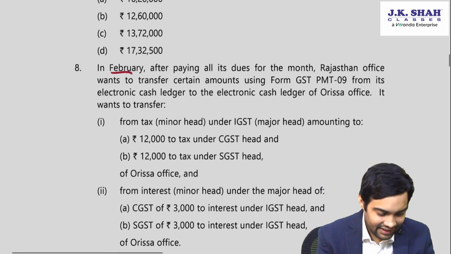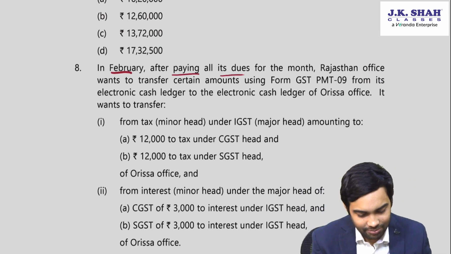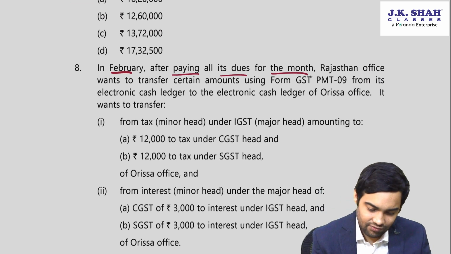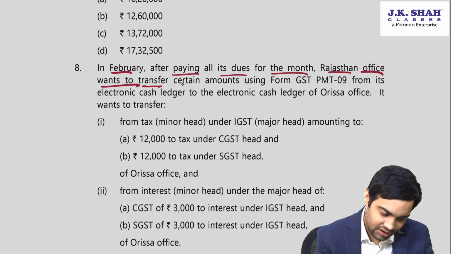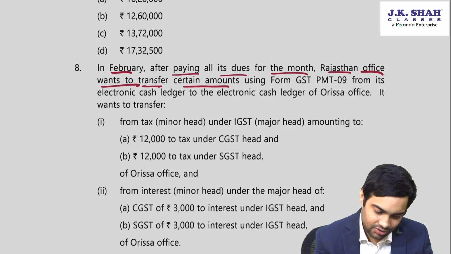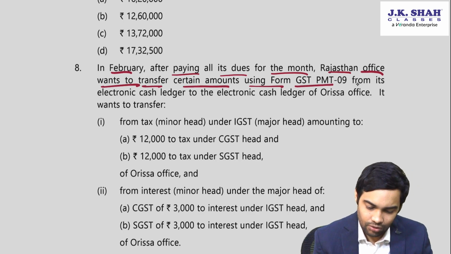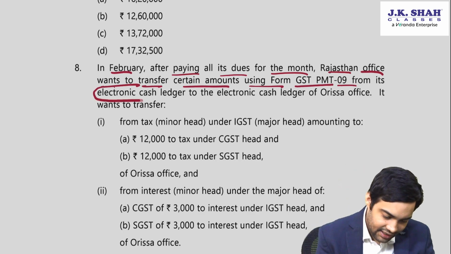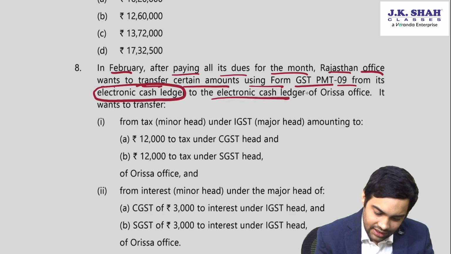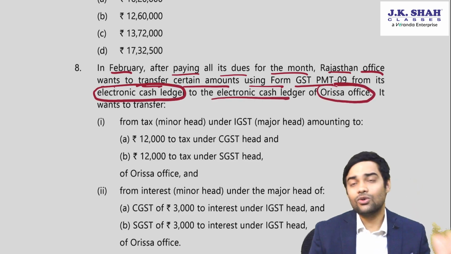Then, in February, after paying all its dues for the month, Rajasthan office wants to transfer certain amounts using form GST PMT-09 from its e-cash ledger to the e-cash ledger of Orissa office. Can you do it? Yes.